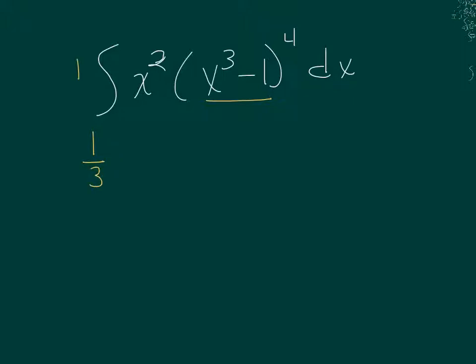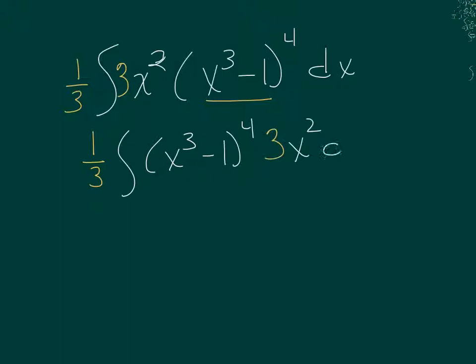In fact, I could do it right here. Since it's in a different color, you can see that that's what I'm adding. You can leave it in that form, or if you want to, you can move it: 1/3 times (x cubed minus 1) to the 4th times 3x squared dx. Now I fit the pattern exactly.